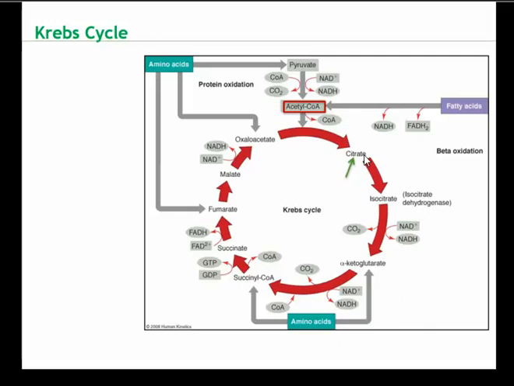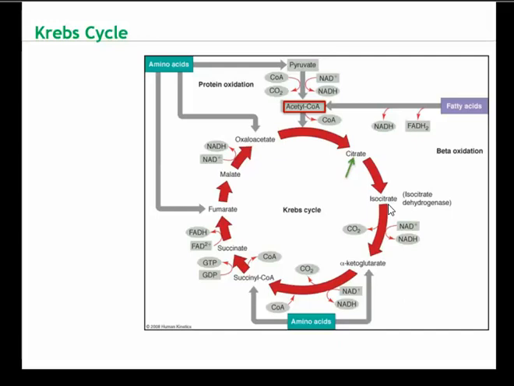Now let's move to step 2. Citrate will lose 1 water molecule and gain another as it's converted into its isomer, which is isocitrate. We already know what an isomer is. It is where 2 products have the same formula, but a different arrangement of atoms.